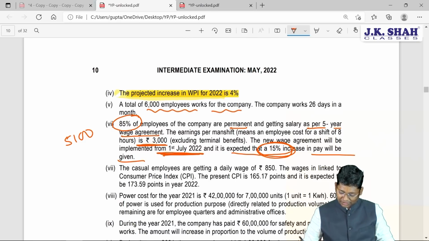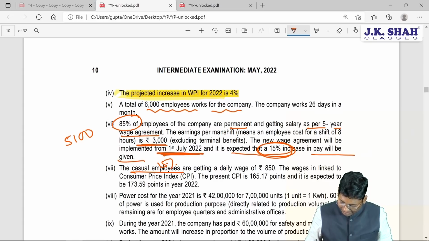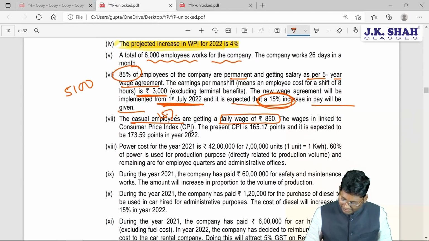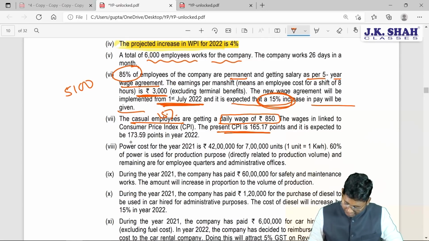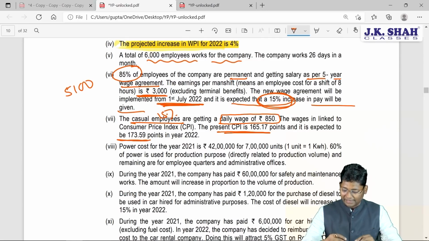It is also mentioned in the question that the casual employees, meaning the remaining 15% employees, are getting a daily wage of 850. The wages are linked to the consumer price index; the present CPI is 165.17 points, and it is expected to be 173.59 points in year 2020. The index is getting changed.